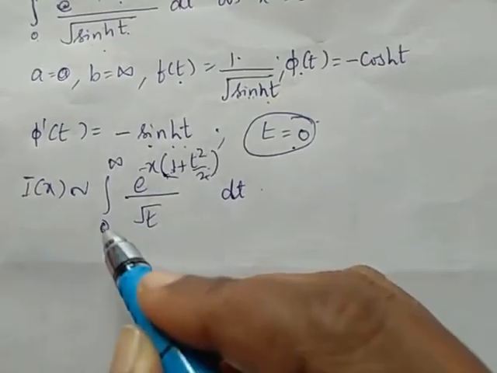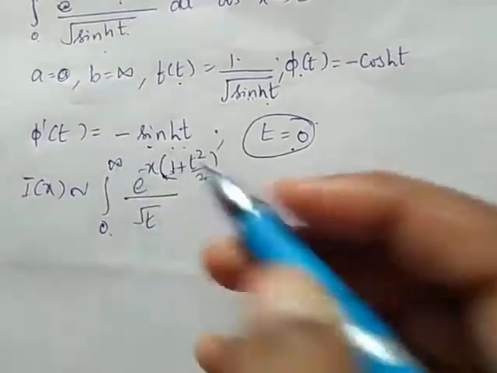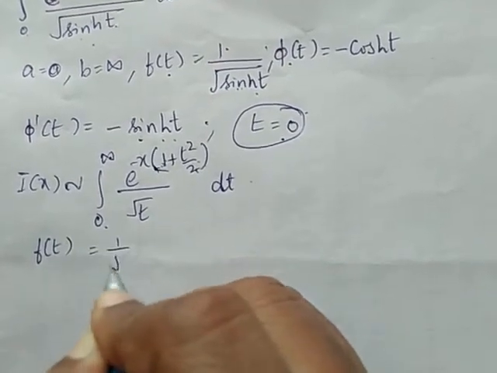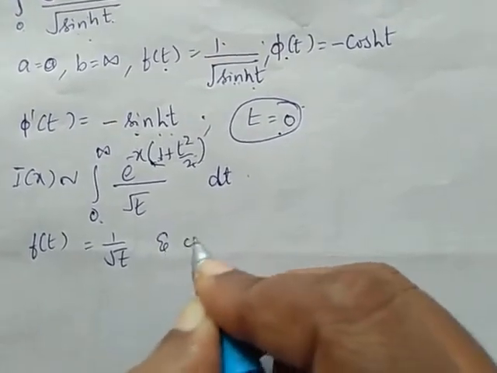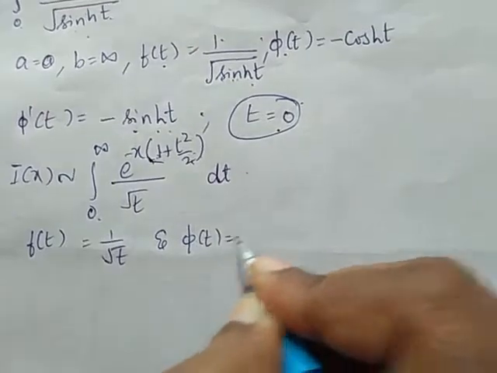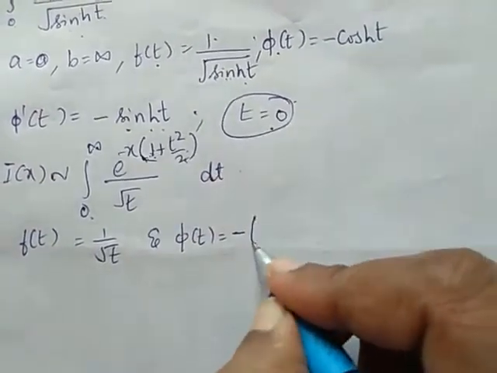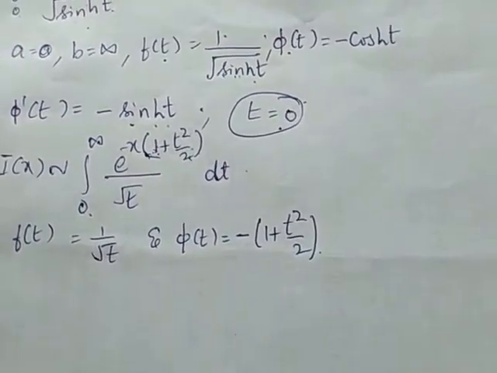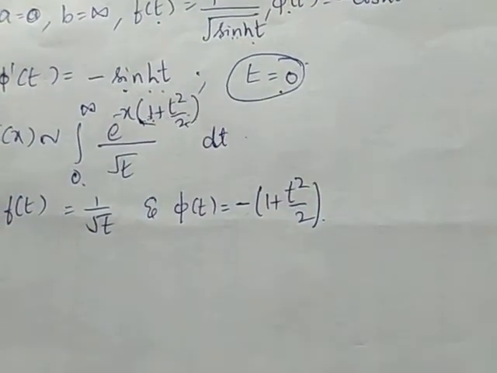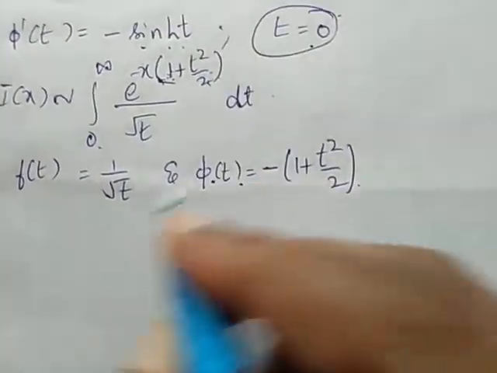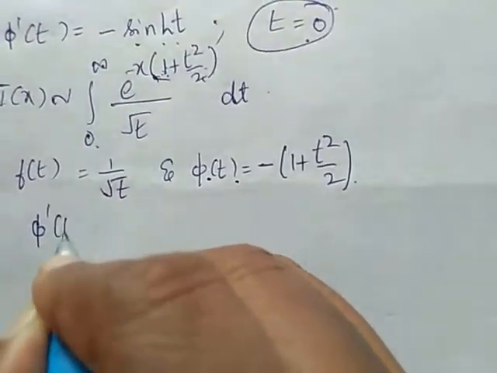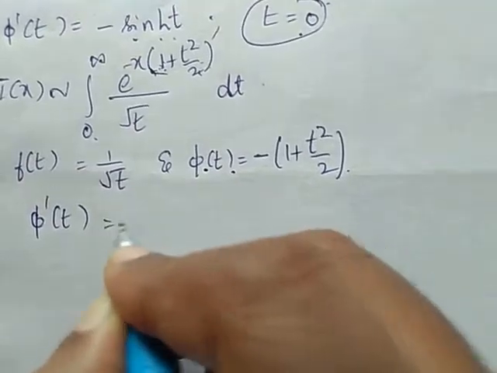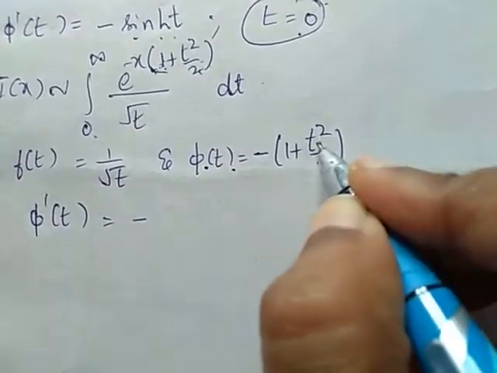Now again a is 0, b is infinity. Our f of t is 1 by root t and phi of t is minus of 1 plus t square by 2. This is our phi of t. Now we have to find the maximum value. So phi dash of t: we differentiate phi of t. Differentiation of 1 is 0. Minus remains as it is.